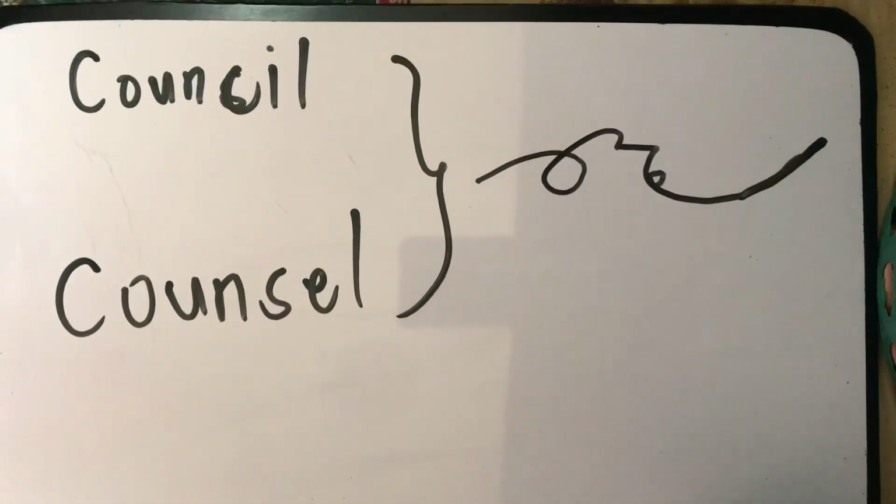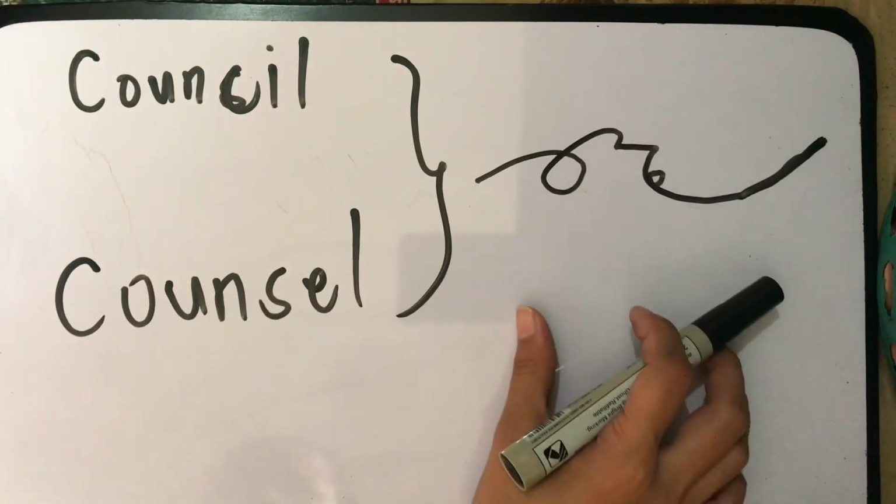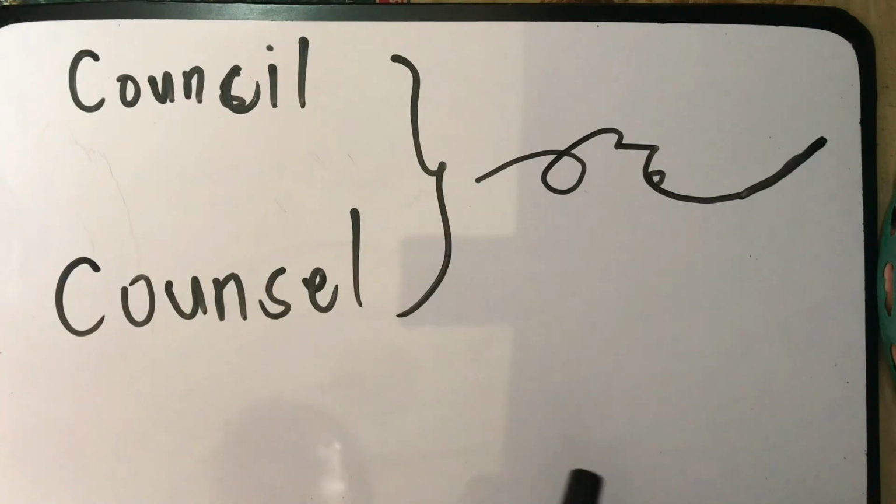The difference between council and counsel is that council is a noun, which means an assembly, committee, or board, or in Tagalog, it is consejo. While counsel is a verb meaning to give advice or payo.